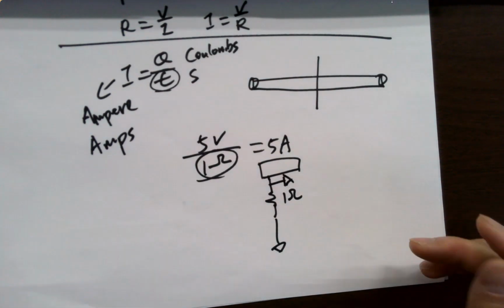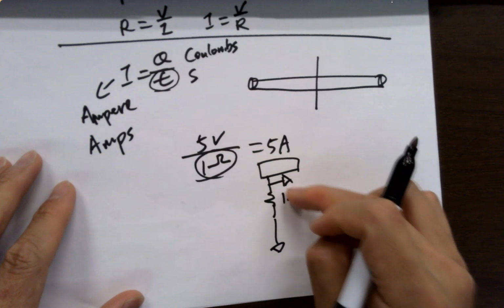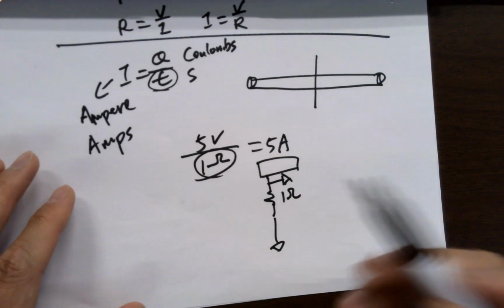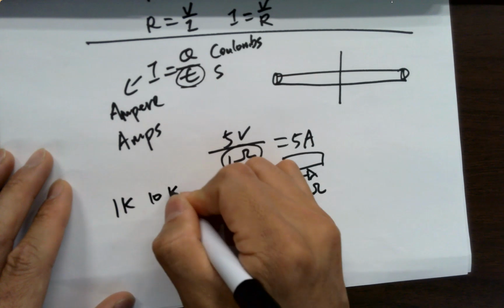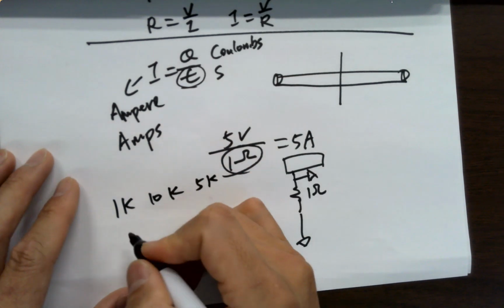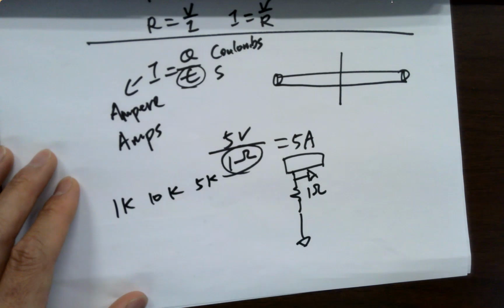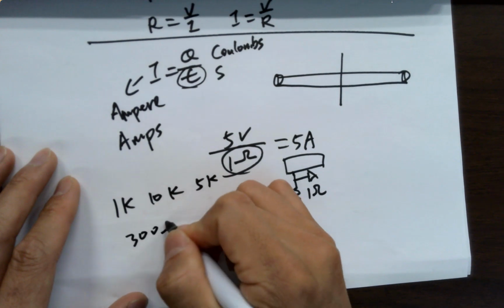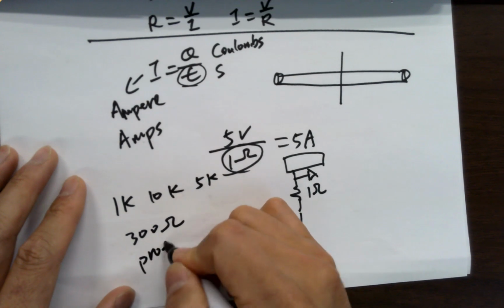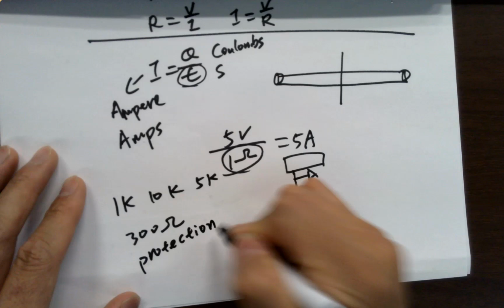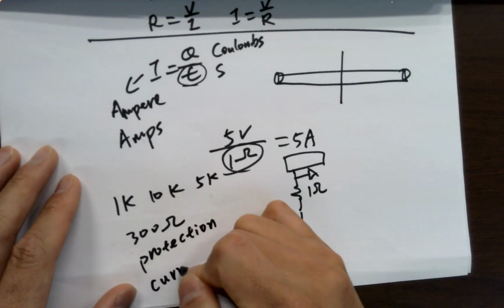You know what I mean? So usually we don't use these little resistors. The most common resistors are 1K, 10K, 5K, or the smallest one I have commonly used, which is around 300 ohms, and they're used as a protection resistor or current limiting resistor.